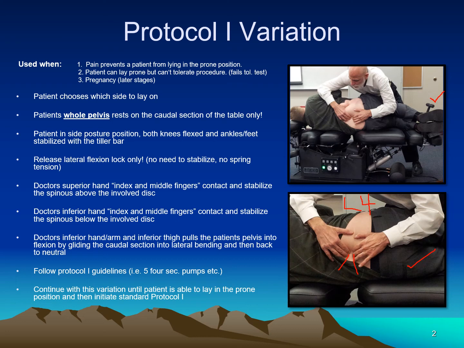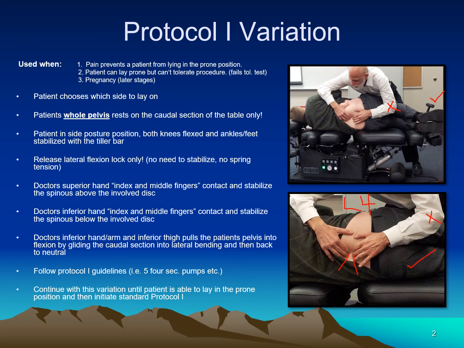You then begin to pull, and as you're pulling those two spinous processes apart with your elbow, you begin to pull the patient toward you, bringing their lumbar spine into flexion.